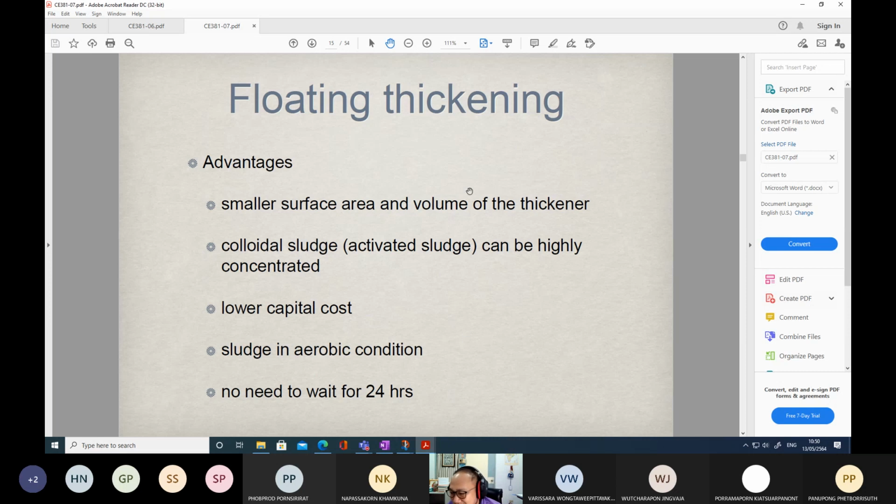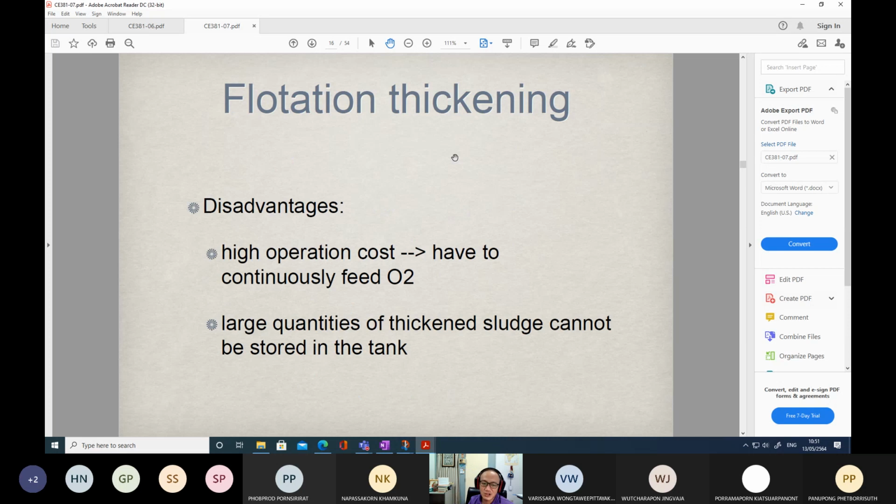Another advantage is lower capital cost, as we don't have to maintain a 24-hour detention time, so it's not necessary to build a large chamber. If you have to maintain a longer HRT, you have to build larger volumes of reactors or containers. So these are the advantages. But there are some disadvantages.